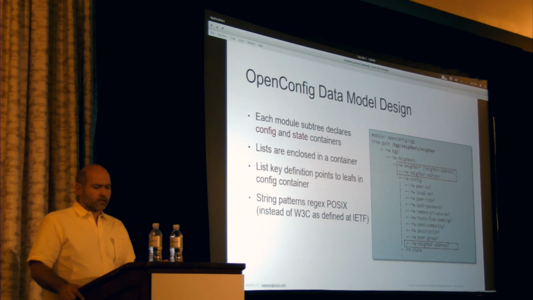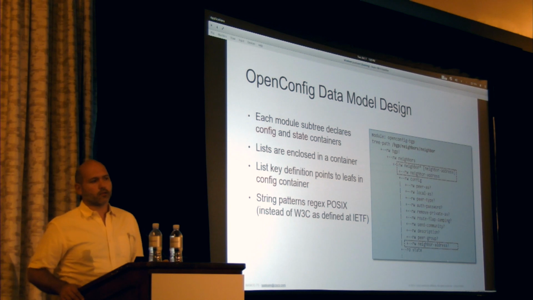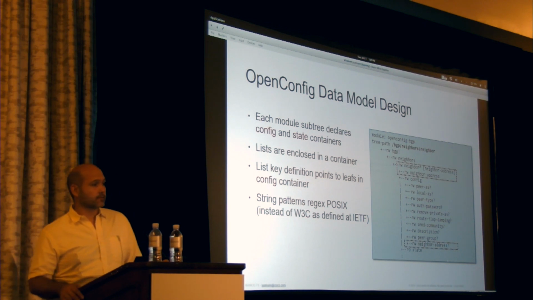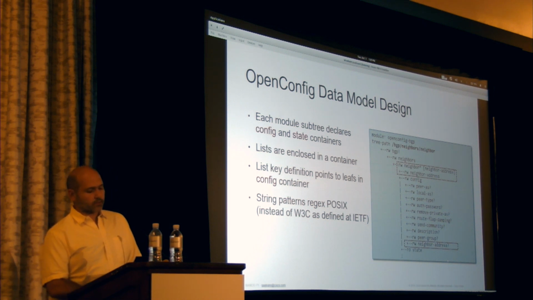So let's look a little bit more in detail at how the models are designed. I mentioned models have both configuration and state in the same model, and a design pattern that they use is to declare all the configuration under a config container and define all the state under the state container.